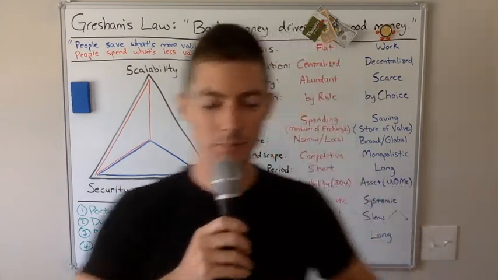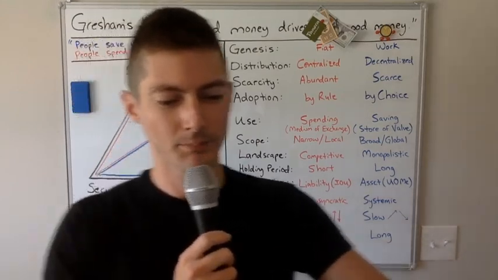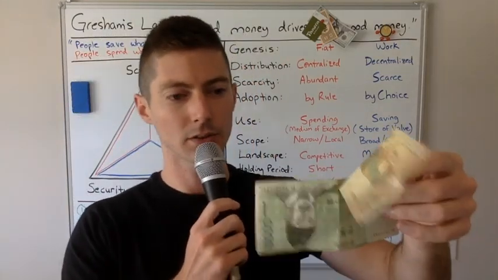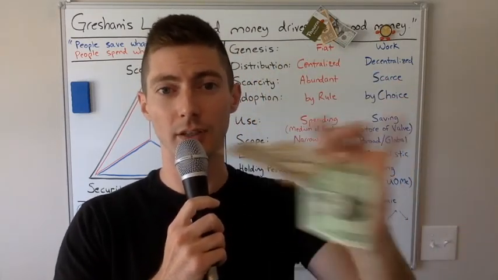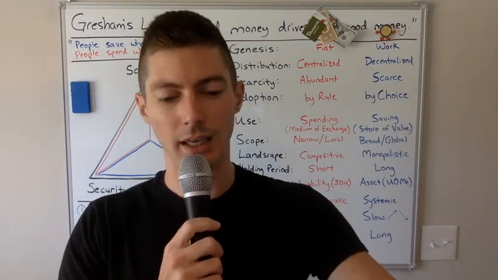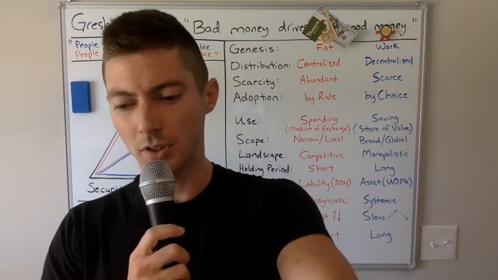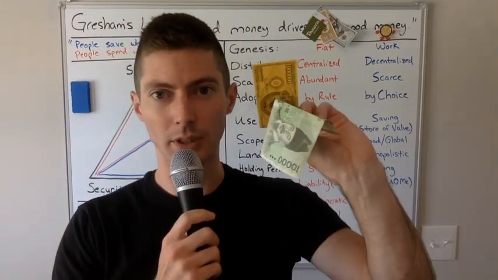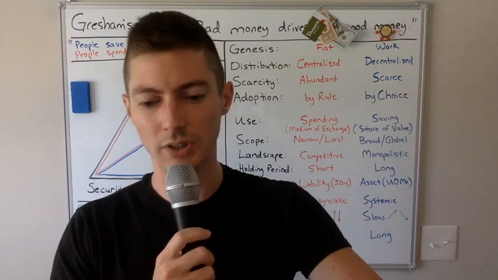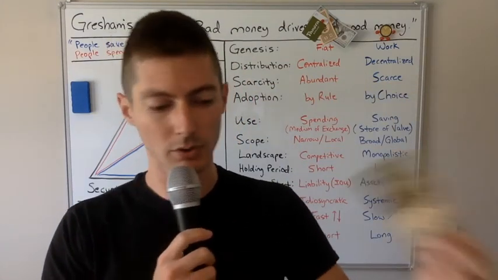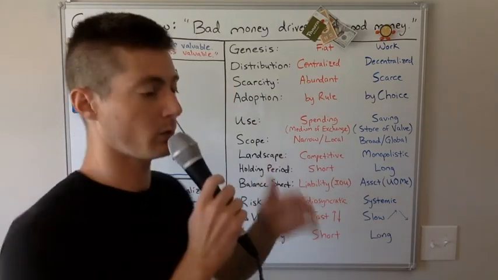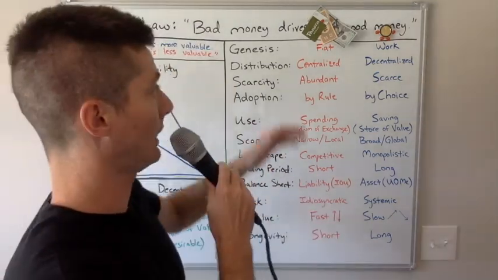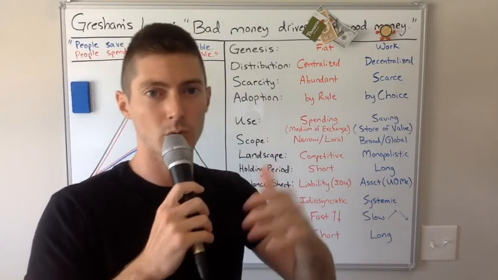So, for example, if you had Canadian dollars and Korean won, which one would you spend, which one would you save? If you had US dollars and Bitcoin, which one would you spend, which one would you save? If you had gold and Bitcoin, which one would you spend, which one would you save?